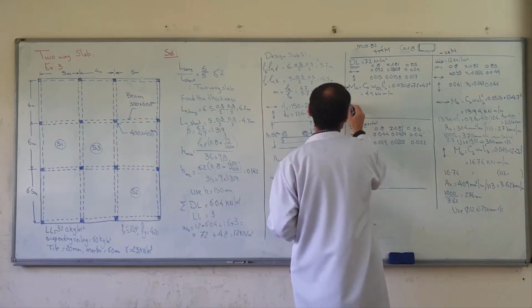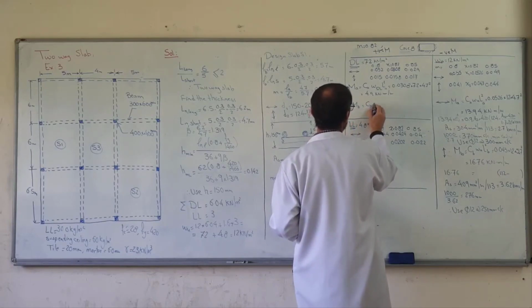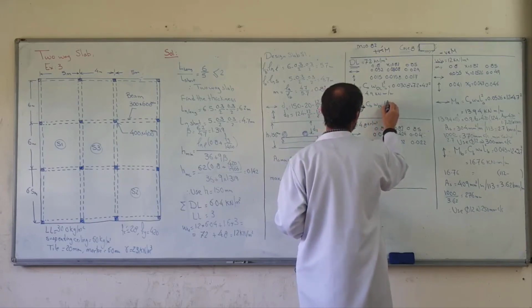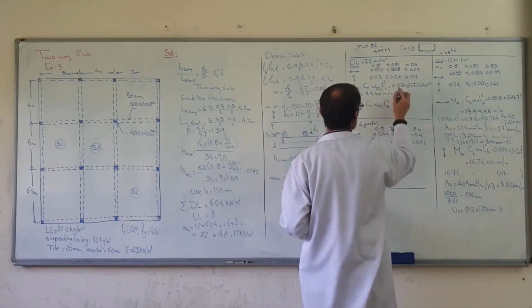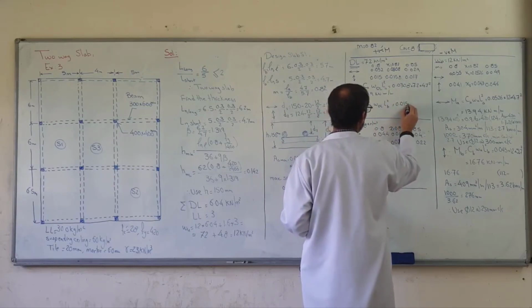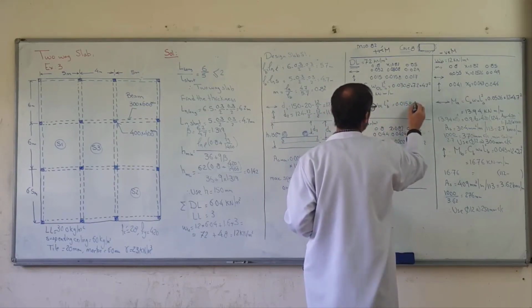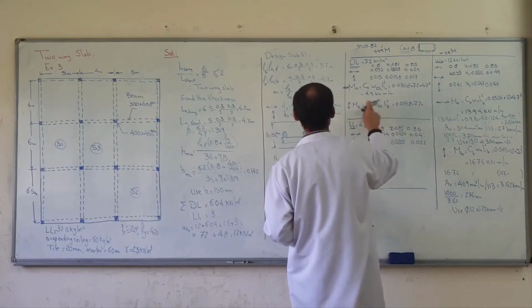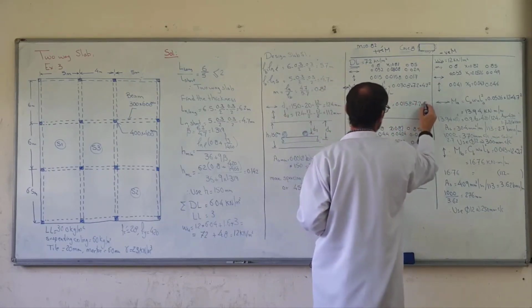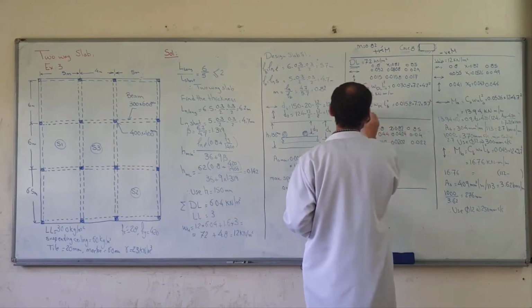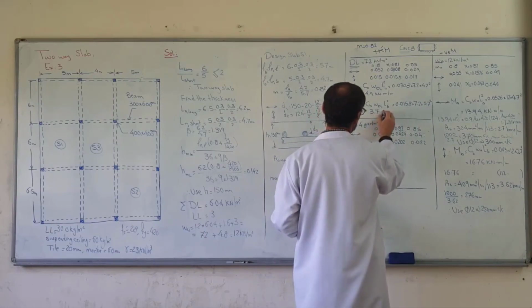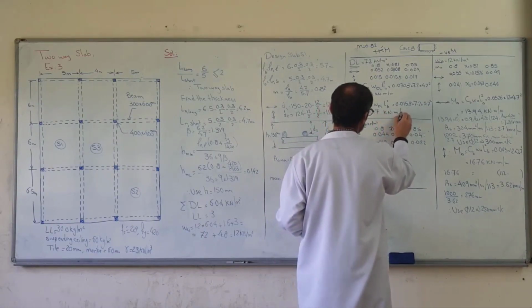In the long direction MB, same thing, CB times W dead load times LB square. The coefficient is 0.0158, times W 7.2, times the long span 5.7 square, equals 7.7 kilo Newton meter per meter.